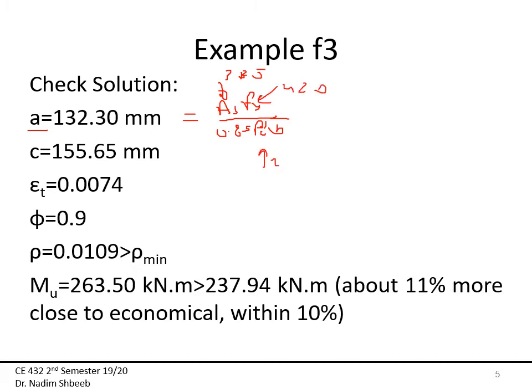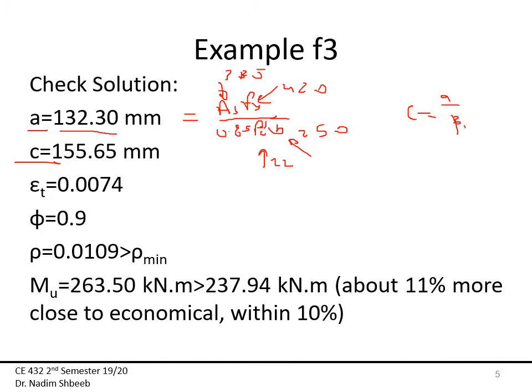This is my 22, and then this here is my 250. From that, A is 132.3 millimeters. I will find out C. C is just simply A divided by beta 1, which in my case is 0.85. From that, I'm getting 155.65.